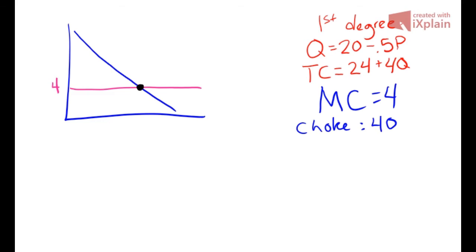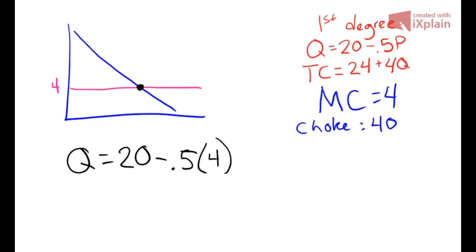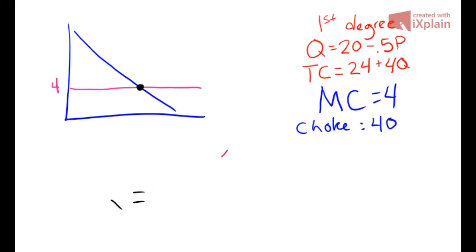Well, our demand function is Q equals 20 minus 0.5 times 4, and 0.5 times 4 is 2. 20 minus 2 gives us a quantity equal to 18. And so we know our quantity within this setup is also equal to 18. We can go from here, and we have even more information.